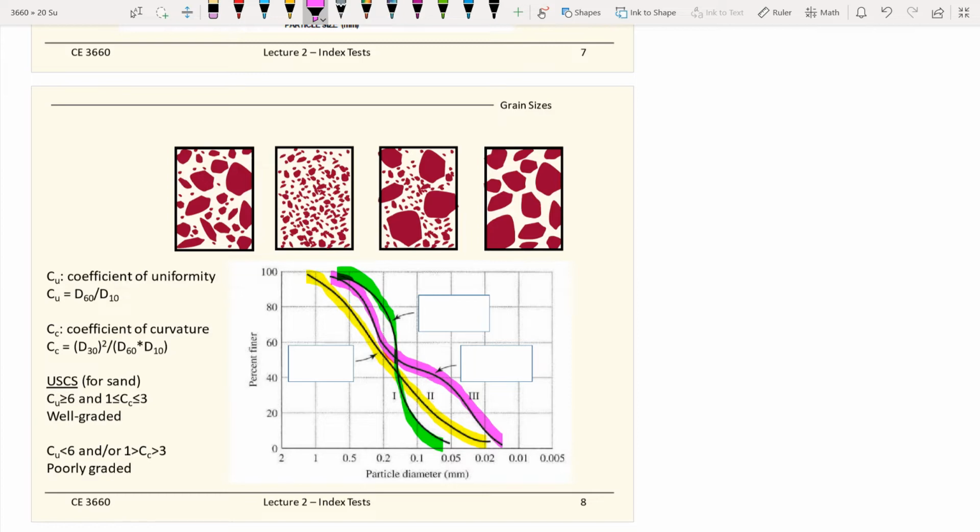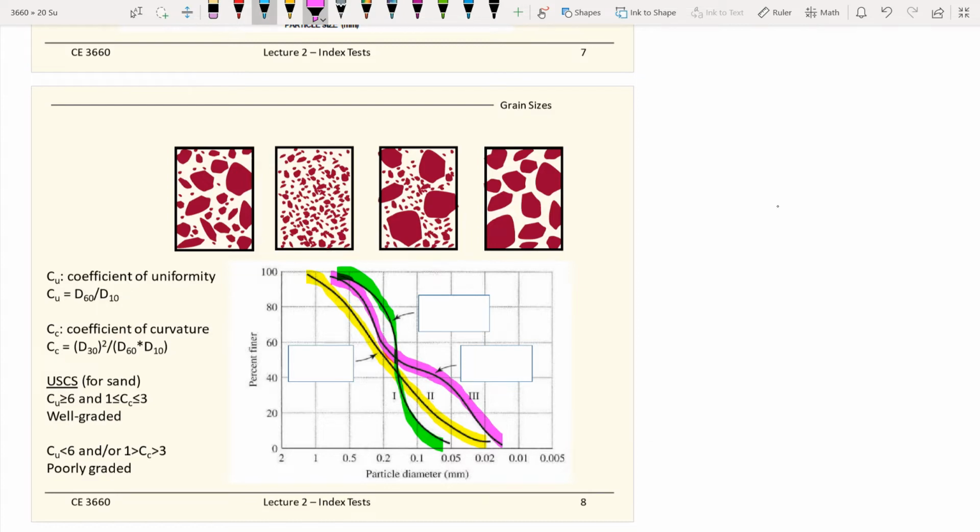What makes curve number one different from the other two is that you have a strict line portion right there. Which means what? It means there's a large percentage of soil particles at that size.